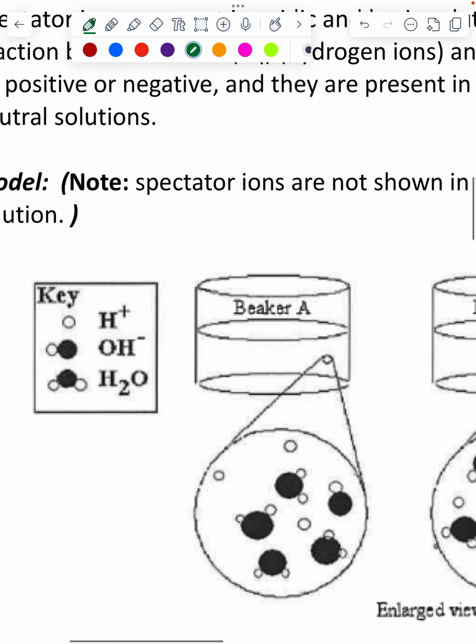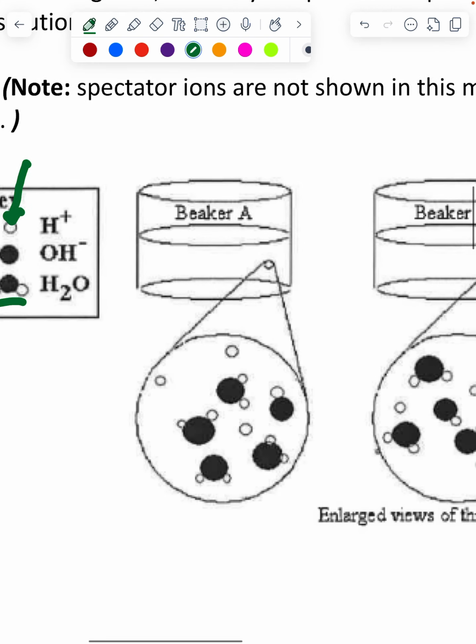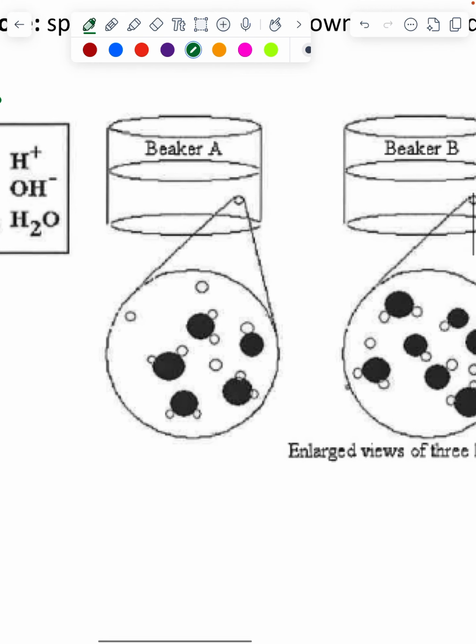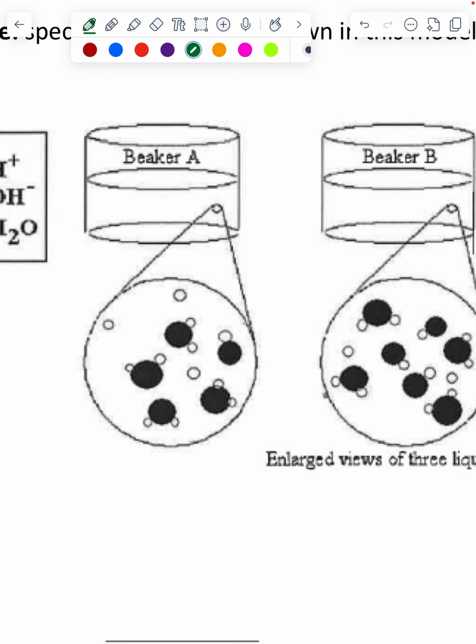If you look at this key, a single little dot is a hydrogen ion. A dot with a big black dot is a hydroxide ion, and then this upside down Mickey Mouse looking thing is a water. If you look down at the questions, question number 1 asks you to look at beaker A. How many H's are there and how many OH's are there?